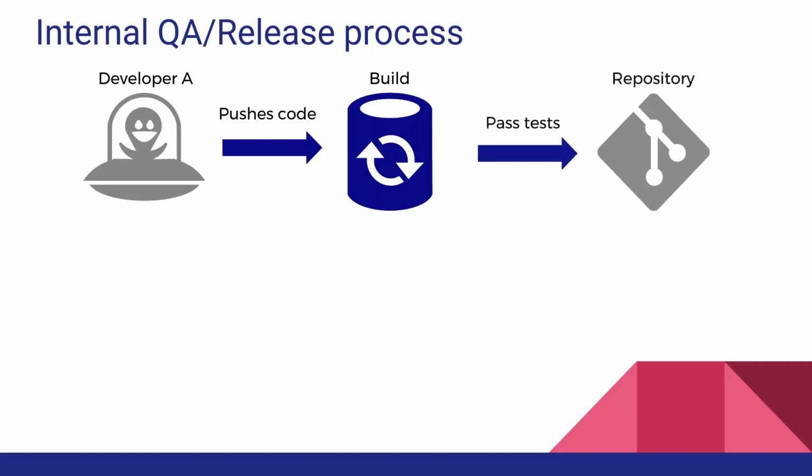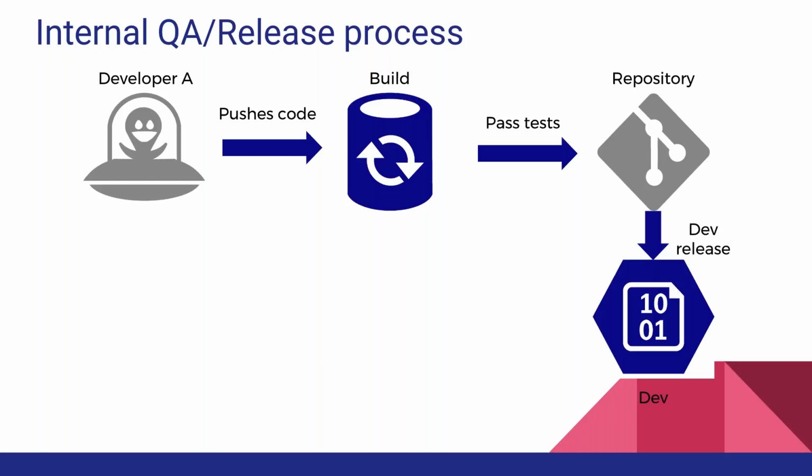Then once all the code review, manual testing, and QA testing went well, we merge this pull request. Eventually the code appears in the repository and we make a release to the Acquia dev environment.